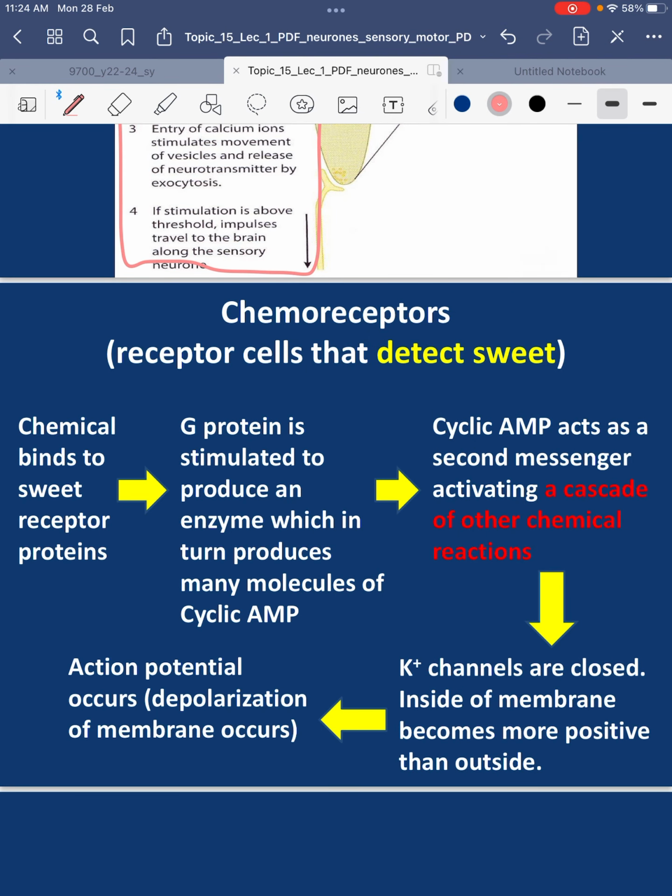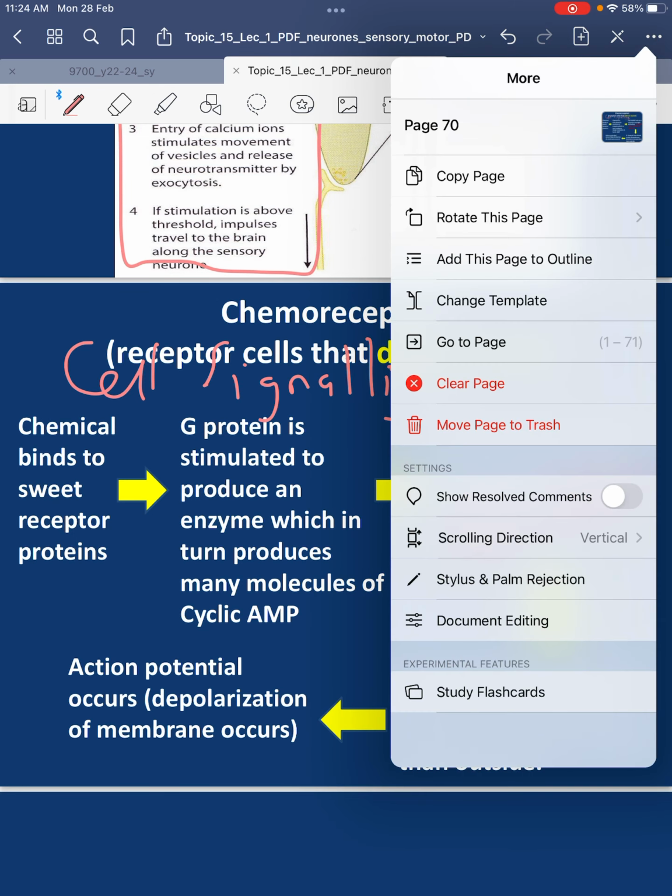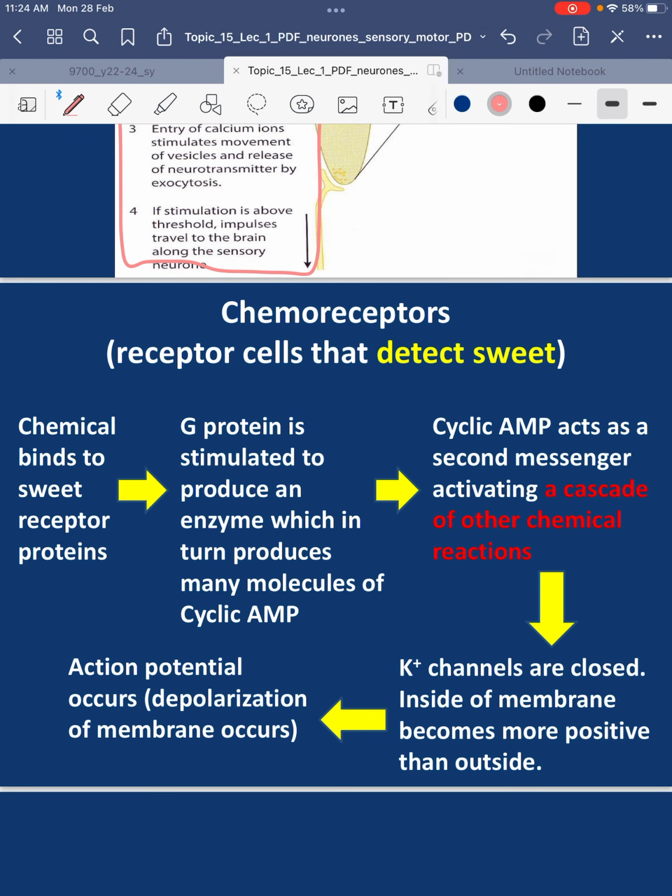This is more like cell signaling. The sequence is very similar to cell signaling. Chemicals bind to the receptor, which will activate G protein, which will activate enzyme, which produces cyclic AMP as the second messenger, and the cyclic AMP causes a cascade of chemical reactions.